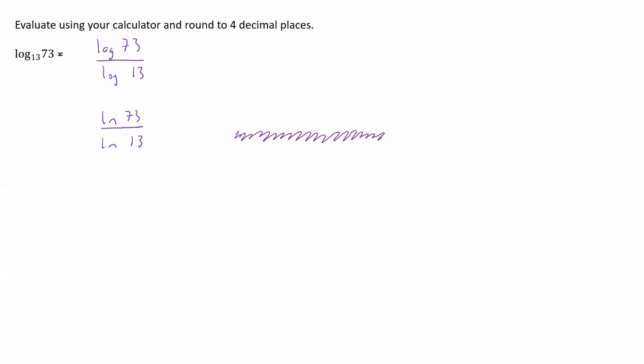By the change of base formula, if you have log base b of m, that's going to be the log of m over the log of b. And again, if you want, you can use ln, and it should give you the same thing. Then you just plug that in your calculator, type in those two numbers, divide them, and you're going to get the actual value. So I'll let you see if you can get the right answer there.